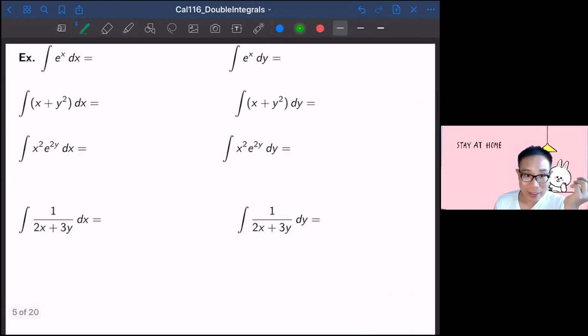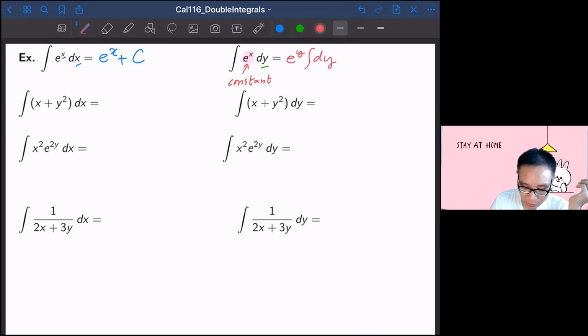Last one, integrate e to the x dx. Here it's just the same variable x, so it's going to be e to the x plus c. And you are having integrate e to the x dy. You see that e to the x turns out to be constant, so it's going to be e to the x outside, and you just integrate dy.